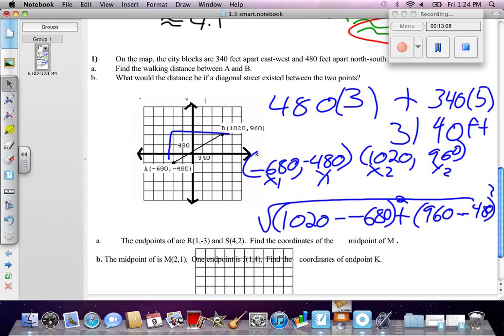I get 2,227.9 approximately. So it's shorter distance to go diagonal than it is to walk north and then west.